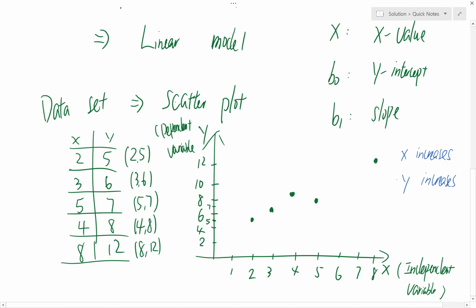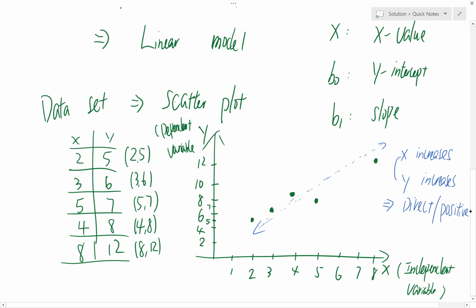And basically, we can fit a model here. This is the whole purpose: we try to fit a linear model to understand the relationship between these two variables. According to the graph, x increases and then y increases. We call this a direct relationship, or positive.